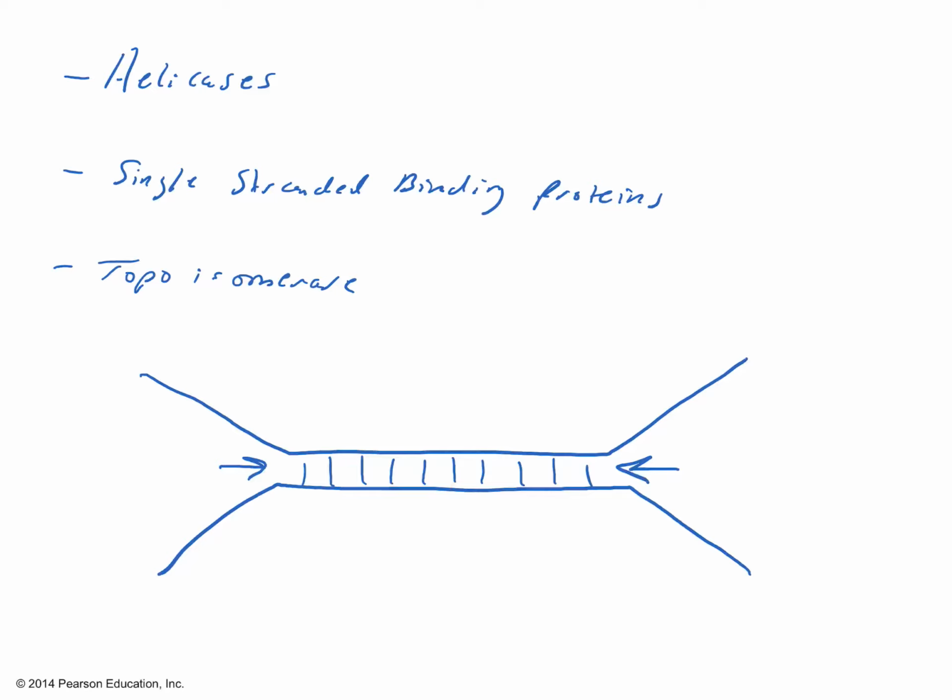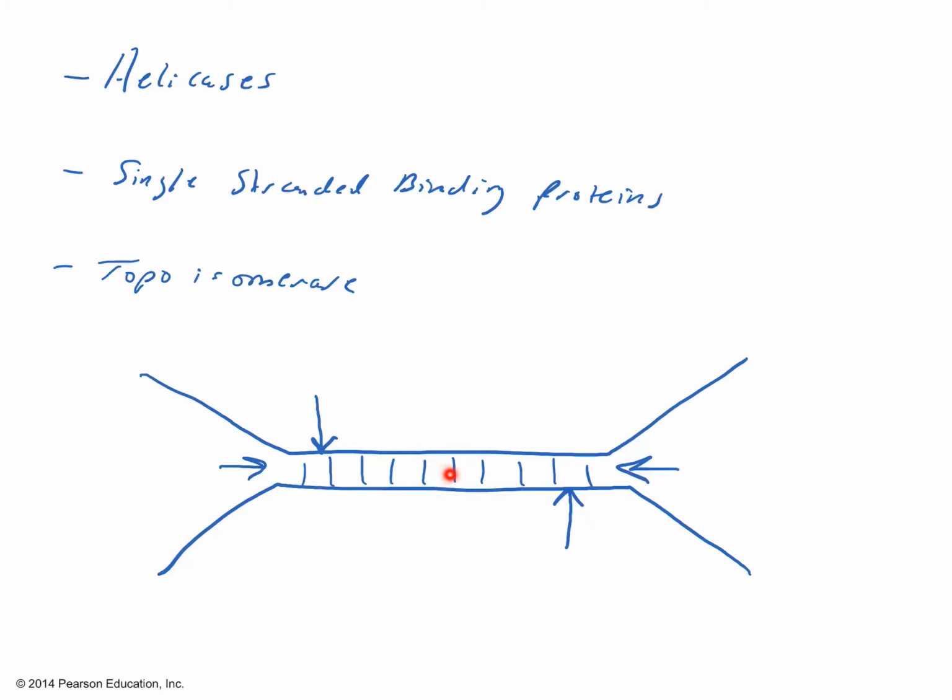So what topoisomerase does is it basically makes cuts. It's an enzyme, and it'll make a cut right here, and it makes a cut right there in those two sugar phosphate backbones. That then allows the section in the middle to swivel and release the tension. All right. Then those breaks in the sugar phosphate backbone are sealed up.